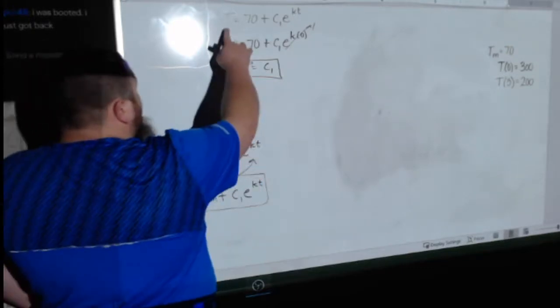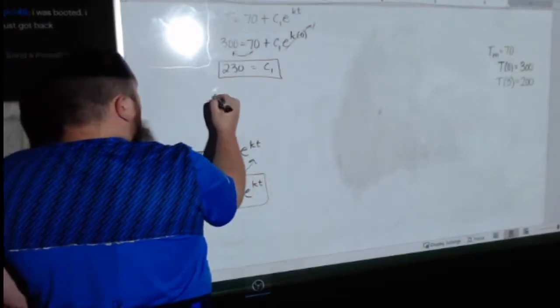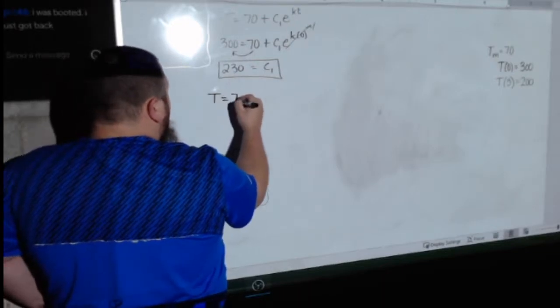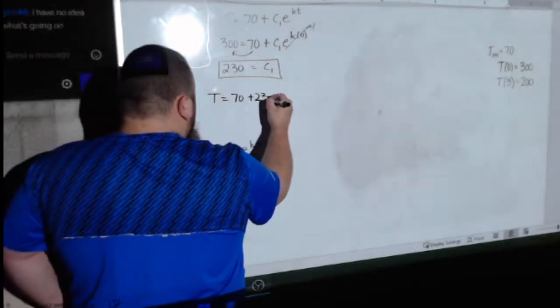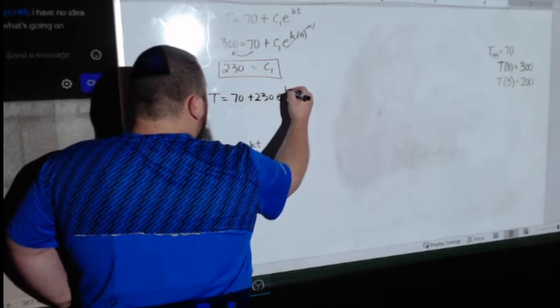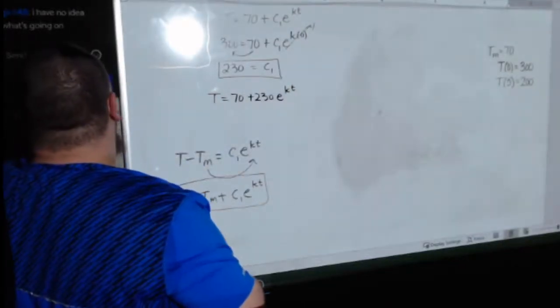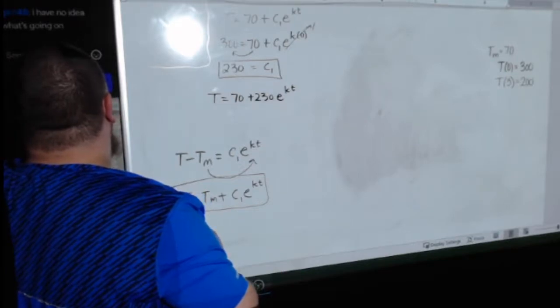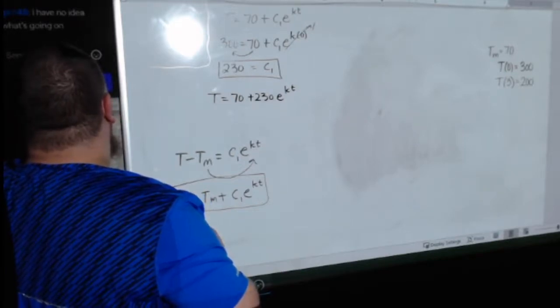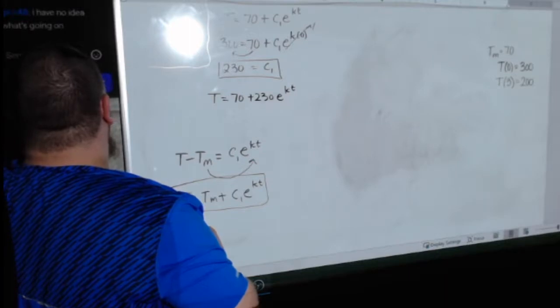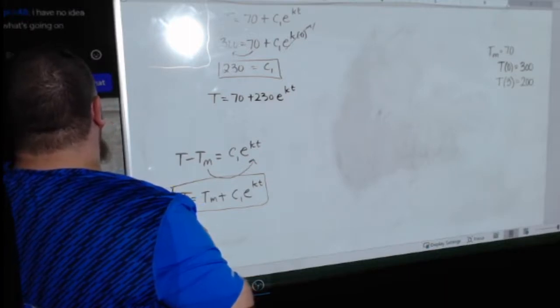So then we can rewrite the equation again. This is now temperature equals 70 plus 230 e to the kt. So I see someone said I have no idea what's going on.